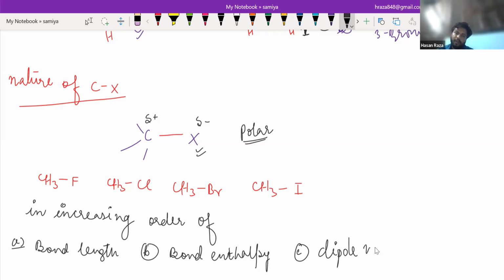I think you can do it because you have already studied this in class 11. If you are unable to solve this, please let me know. What you need to do is just arrange in increasing order the bond length between CH3 and F, CH3Cl, CH3Br, CH3I. First question. Please write it and let me know when you are done with this.